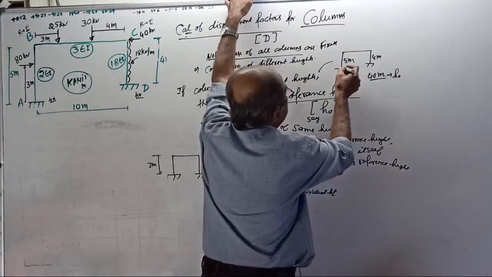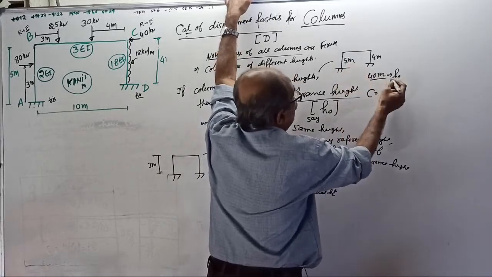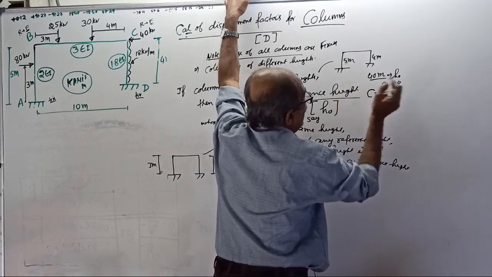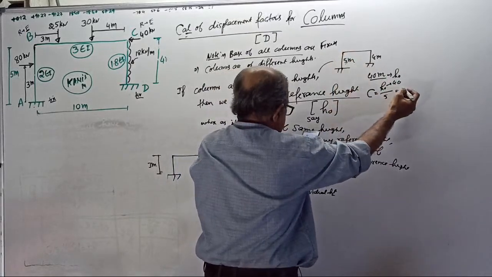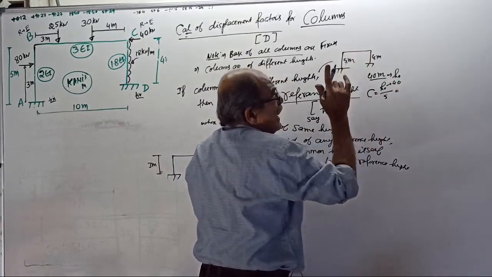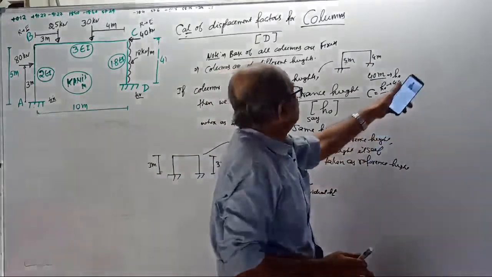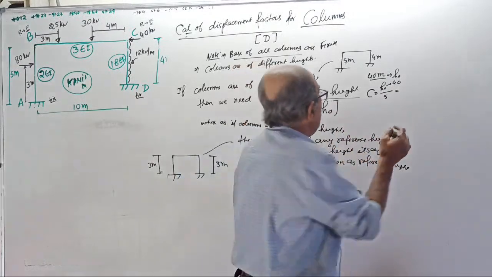Then for this column, a correction factor will come equal to reference height 40 divided by 5. What is the answer? Reference height by particular height: 8.